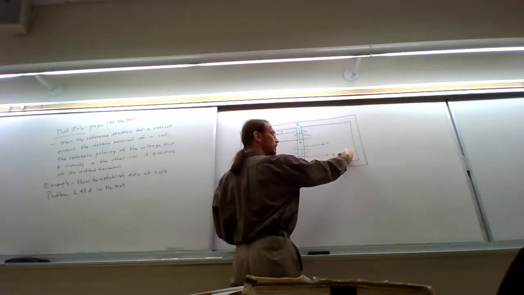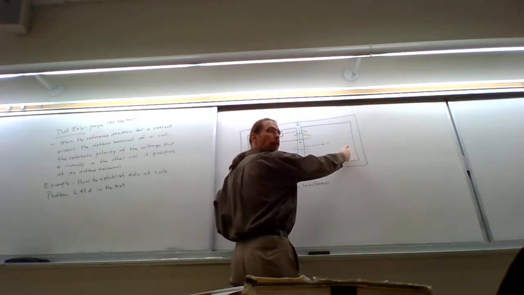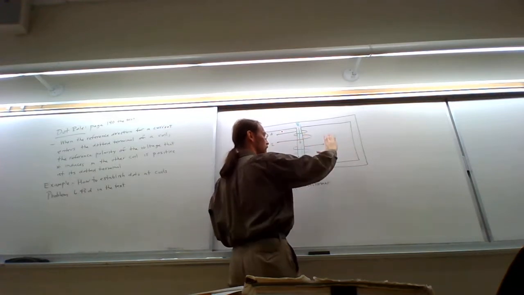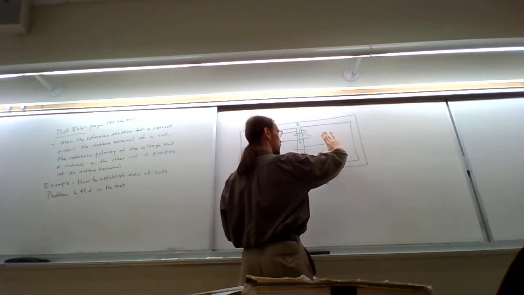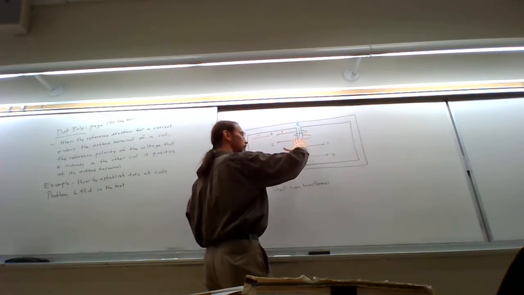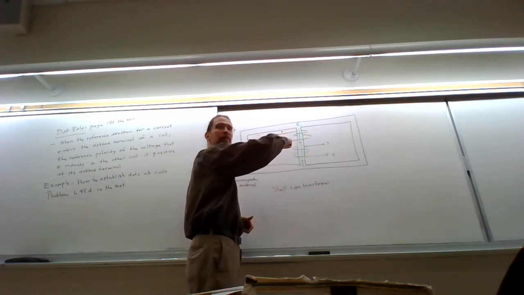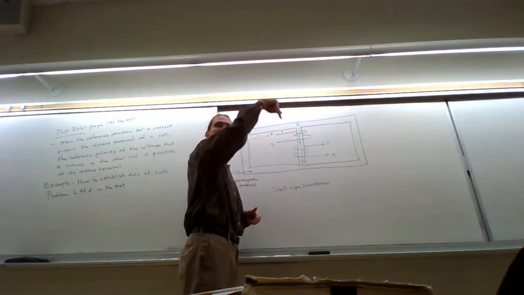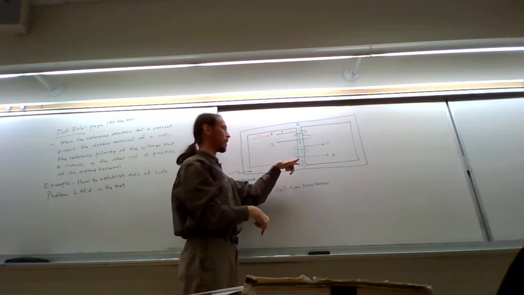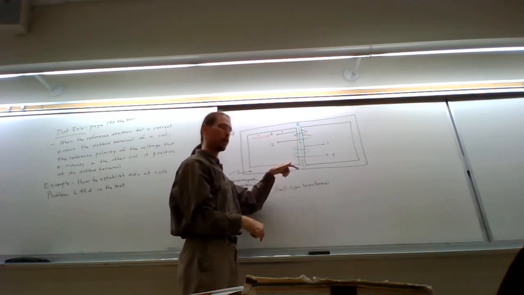Now, if I actually feed in the current into terminal 4, right? So here, my current's going in this way. On the inside of this, notice that my magnetic field is now going in the same direction as the magnetic field that was already there.